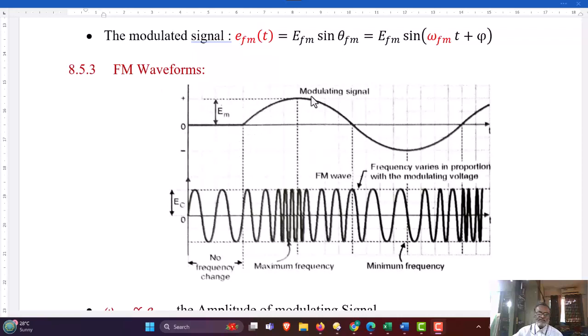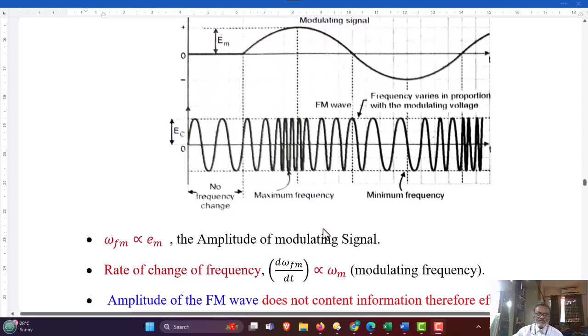When the instantaneous value of the modulating signal is increasing, the frequency of the modulated signal is increased. When the amplitude of the modulating signal is decreasing, the frequency of the modulated signal is decreased. This is done by a circuit called a frequency modulator.